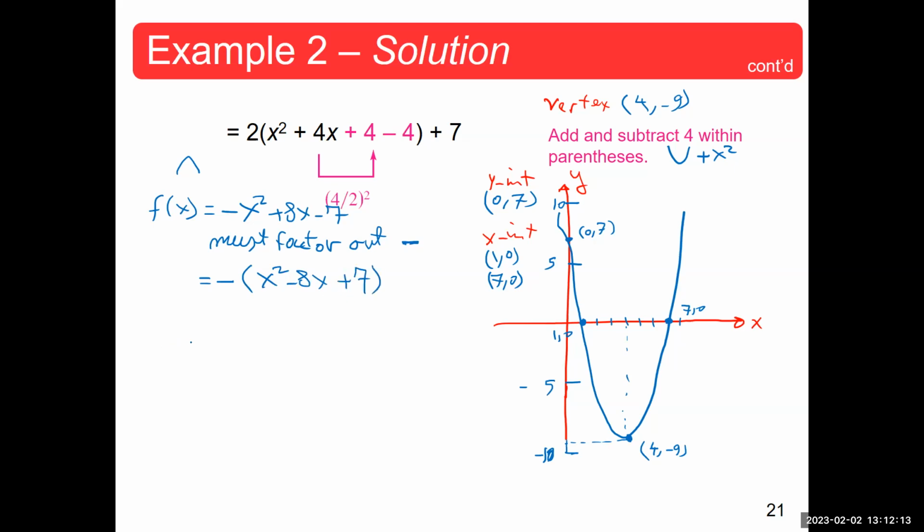Now I can solve it. This is the same problem I just solved, but because of this negative sign, everything is going to flip upside down. Basically the same thing. You say negative 8 over 2 squared, you get 16.